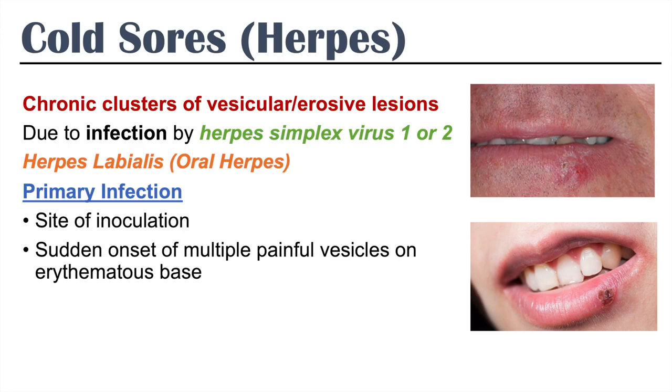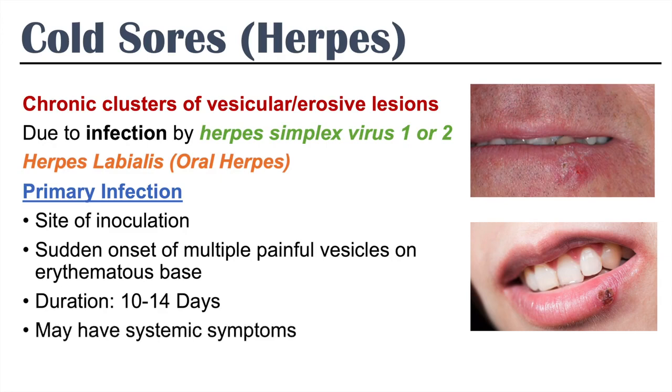So you can get this very sudden, very nasty, painful area on the lip or wherever this site of inoculation is, and it can be very red and very sore. And the primary infection generally lasts for about 10 to 14 days. And it may have systemic symptoms. This can include fever or chills, malaise. You just may feel very under the weather with this.